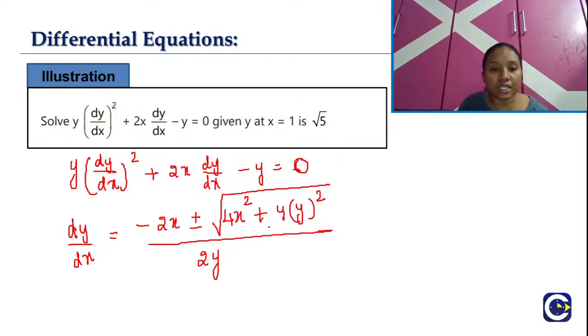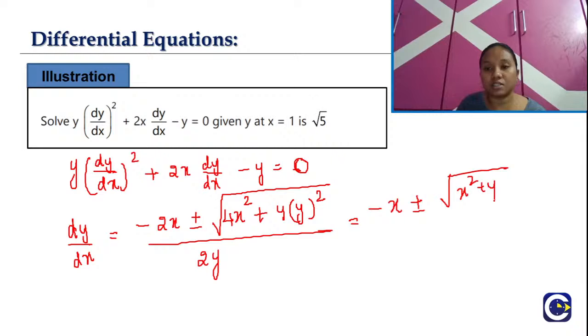Right. So here we can take 2 common and that will be getting cancelled, because even in the square root expression there is 4, that will be coming outside. Then it will be minus x plus or minus root over x square plus y square divided by y.